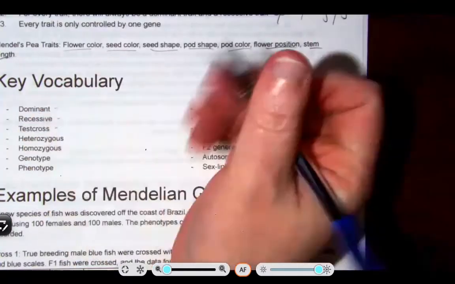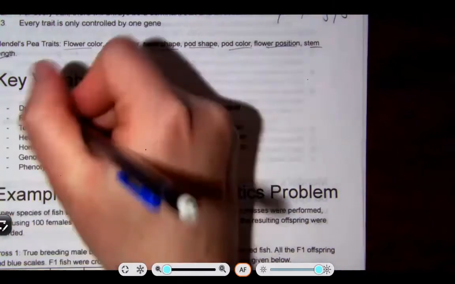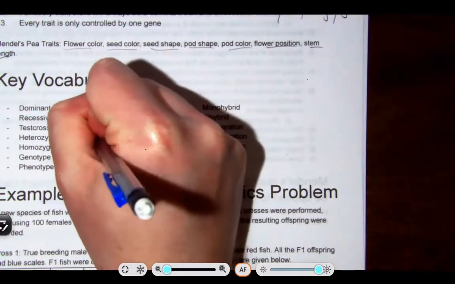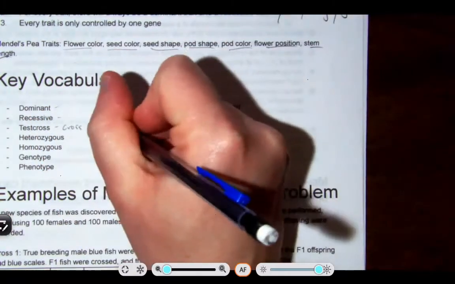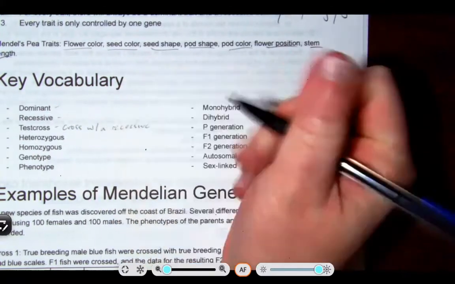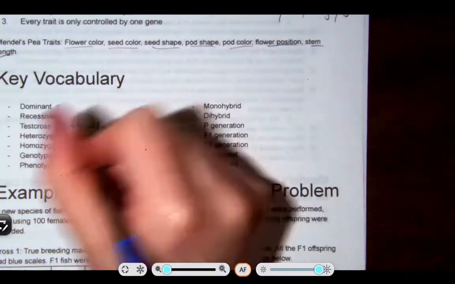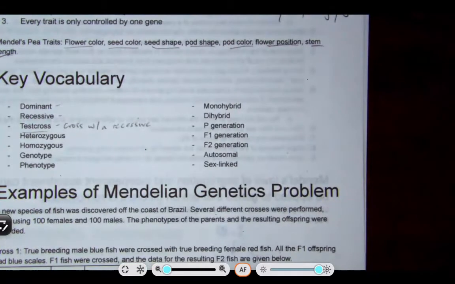A test cross is anytime you take a trait and cross it with a recessive, to see if, for example, something is heterozygous dominant or homozygous dominant. We would use a test cross to figure it out, because the results would change depending on which one we get.